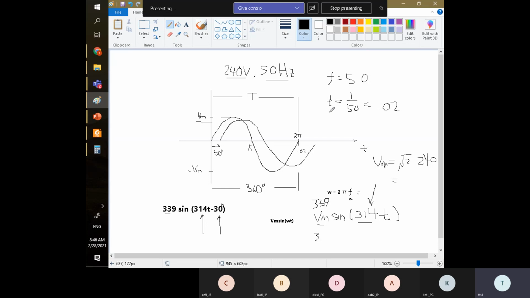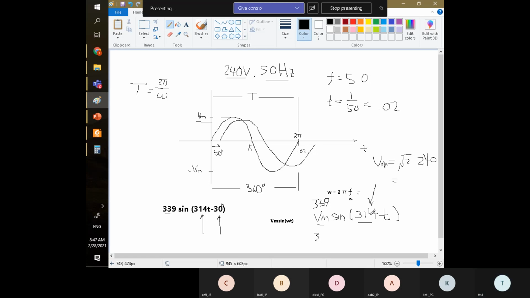Okay. Another one you need to learn is the frequency component here. This T here is equal to 2 pi over omega. Here's omega, right?